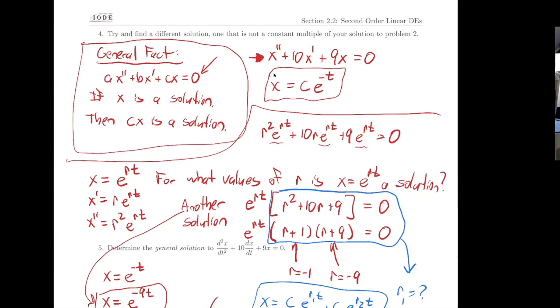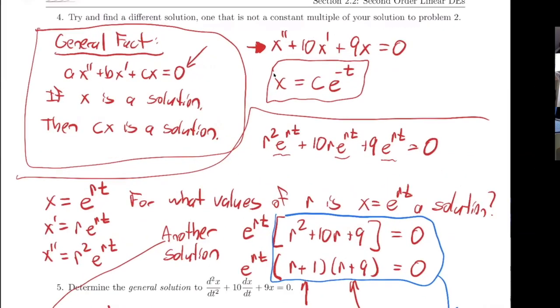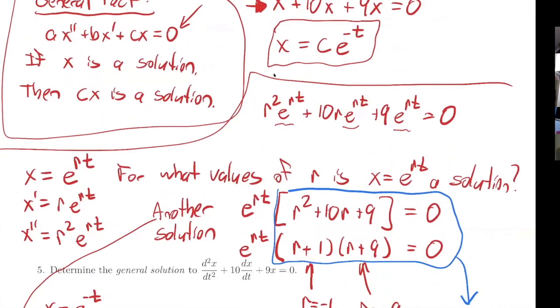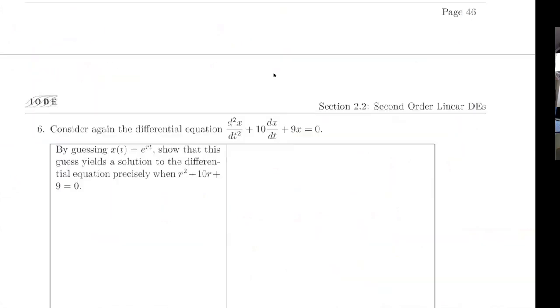One thing to note about what we're going to do today is that solving these differential equations doesn't involve integration at all. It's solving quadratic equations, so it's quite a bit easier than what we were doing with integrating factors. There's no integration involved in this process.